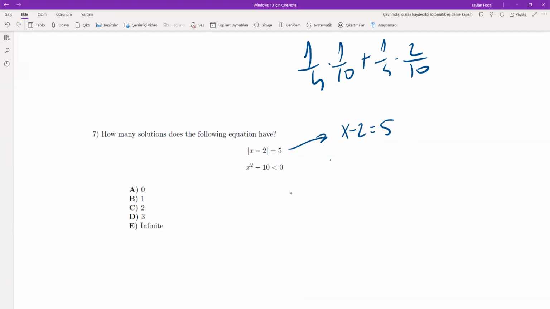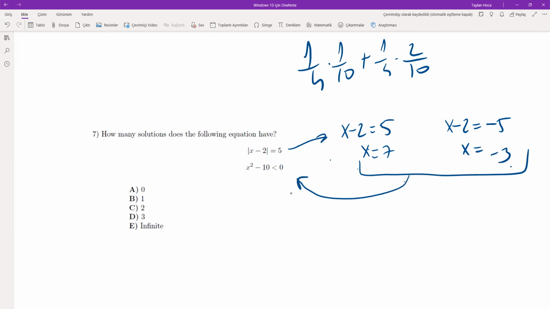x minus 2 is 5, or x minus 2 is minus 5. So x is 7, or, tell me the second one, x is minus 3. So now, if this is a system, both equations or inequalities must be satisfied.